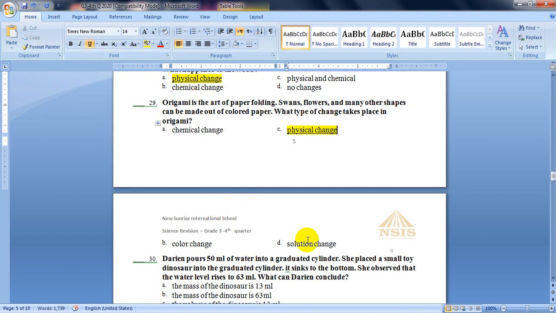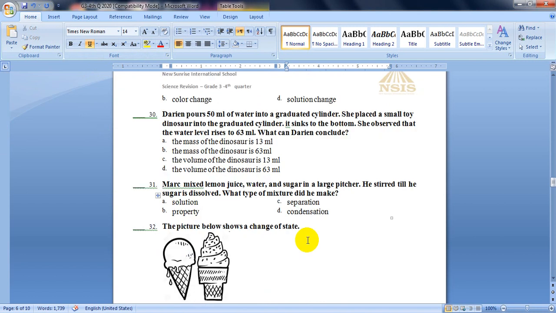The next question, 30. Dareen poured 50 milliliters of water into a graduated cylinder. She placed a small toy dinosaur into the graduated cylinder. It sinks to the bottom. She observed that the water level rises to 63 milliliters. What can Dareen conclude?